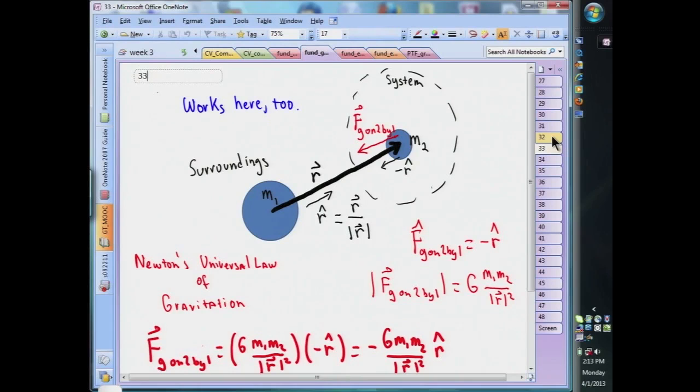This result is useful in astronomical contexts as it applies to a good approximation to heavenly bodies such as planets, moons, and stars.